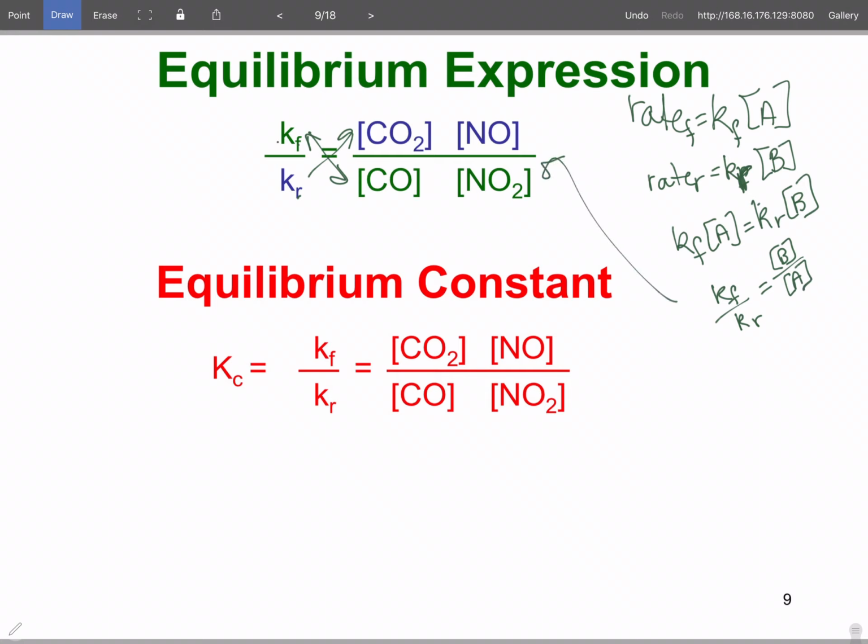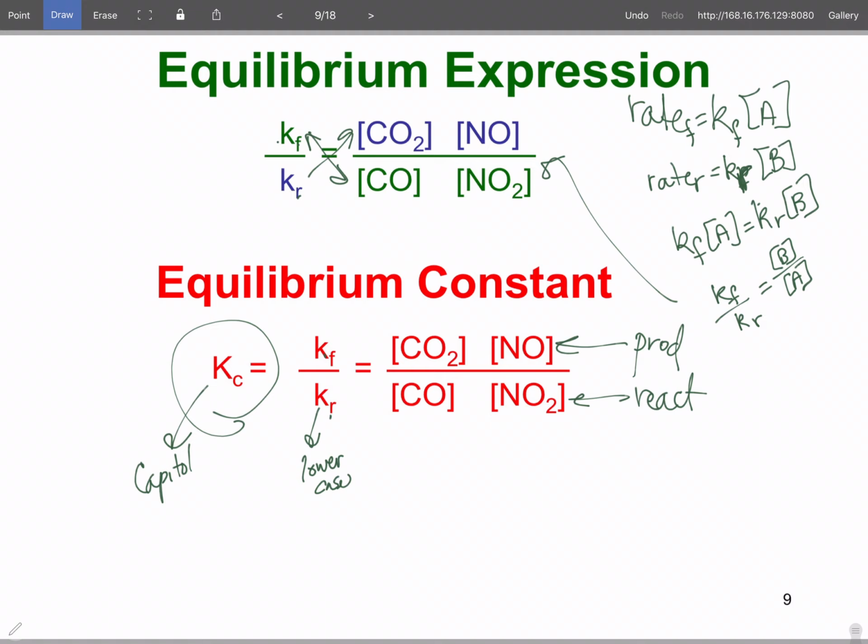And so since these two are constant, we can combine two constants to produce one big constant. And notice when we're doing the rate laws, this one is lowercase. Big K is an equilibrium constant, so it's a capital K. And so if you'll notice, the net effect is we end up with the products over the reactants.